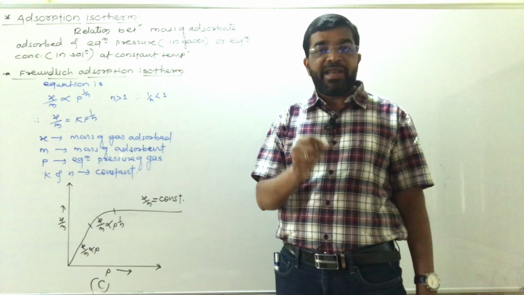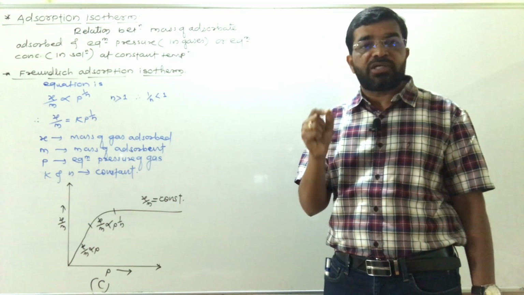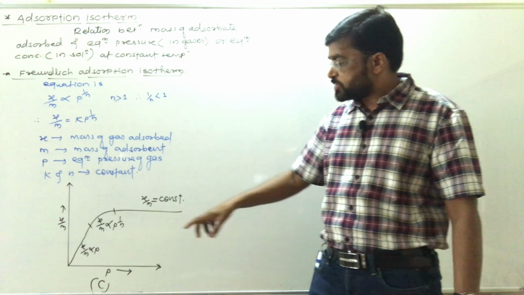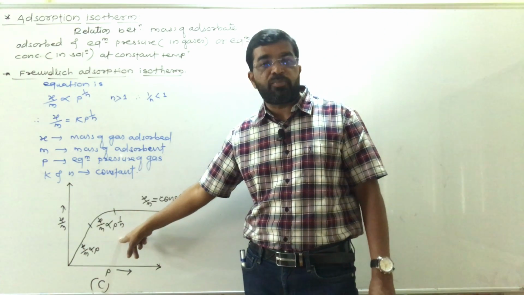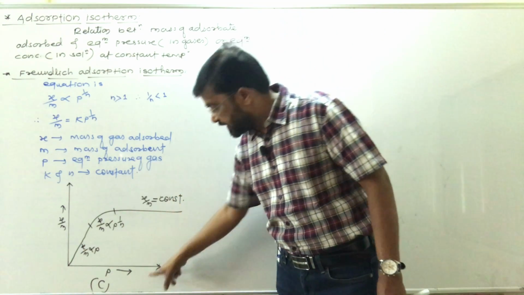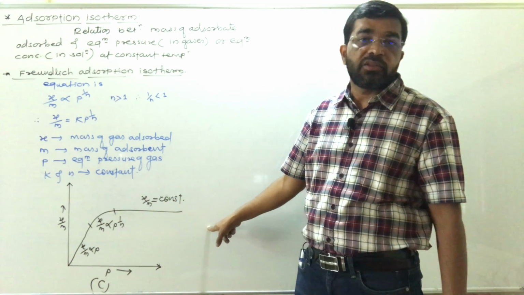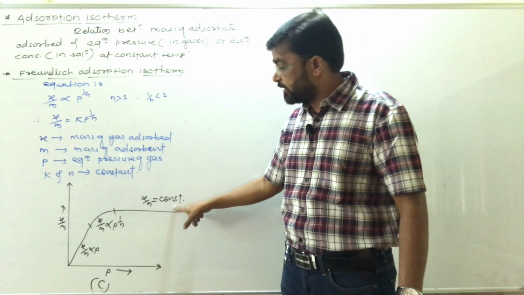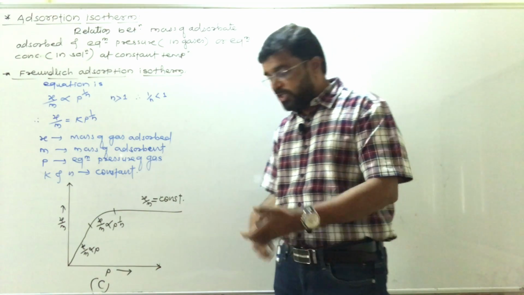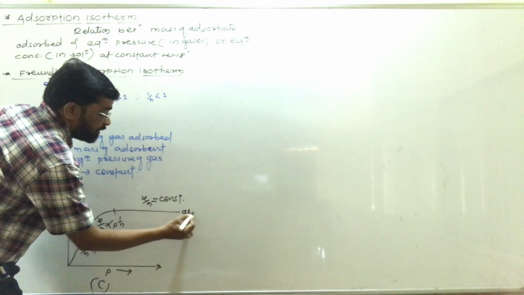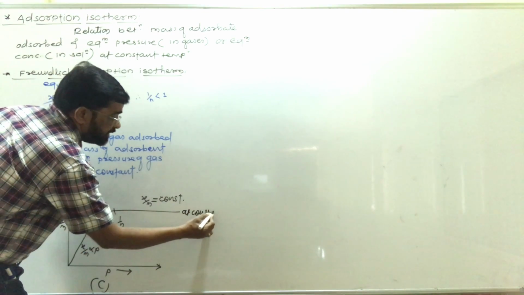Therefore, Freundlich studied the adsorption at moderate pressure. At high pressure there is no change in the adsorption, so x by m is constant, and this is studied at constant temperature T.